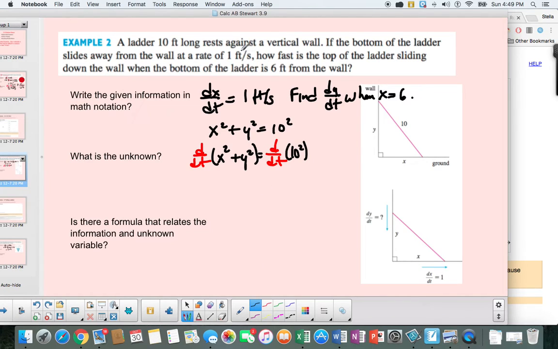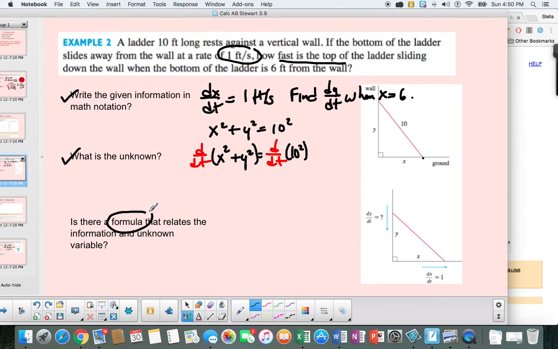The bottom of the ladder is sliding at 1 foot per second. So since this is the bottom, dx/dt is equal to 1 foot per second. We want to find how fast the top of the ladder is sliding, dy/dt, at the moment that the bottom of the ladder is 6 feet from the wall. So this gives us our information, and we write down what we know.